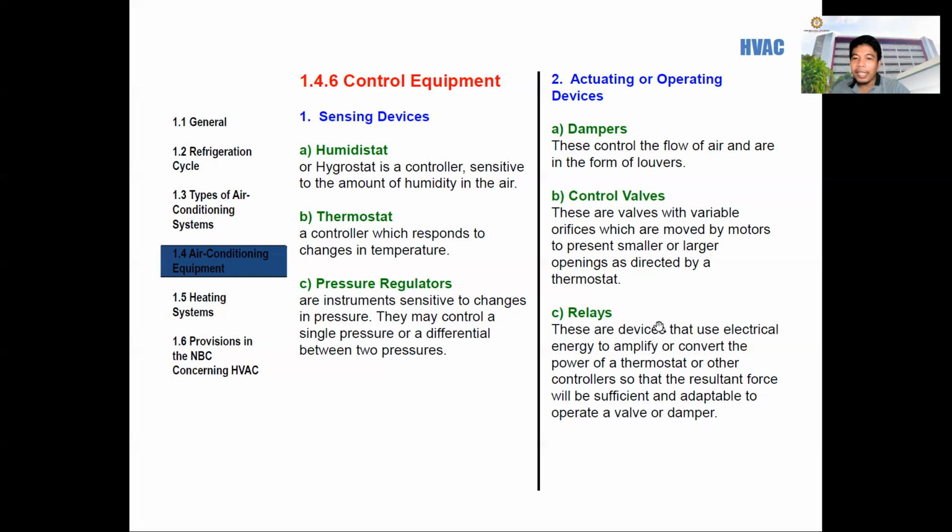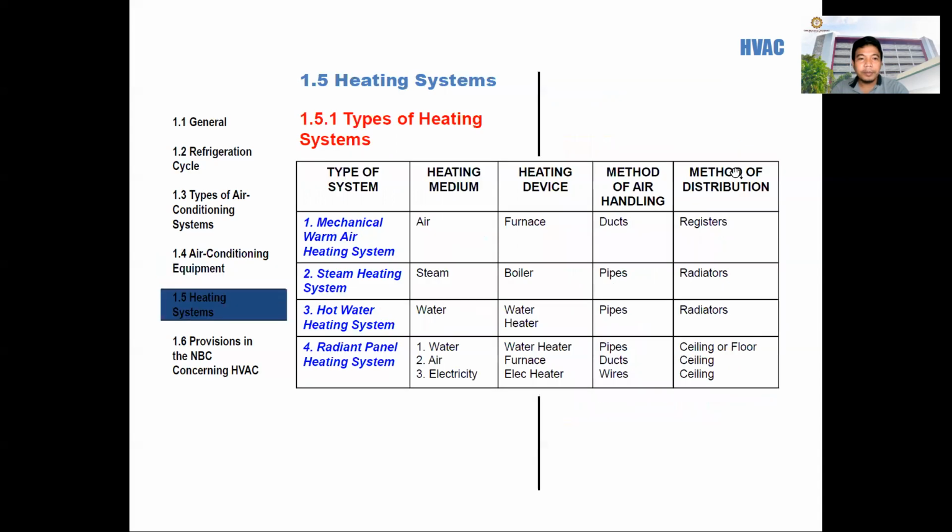And then we have relays. These are devices that use electrical energy to amplify or convert the power of a thermostat or other controller so that the resultant force will be sufficient and adaptable to operate a valve or a damper.